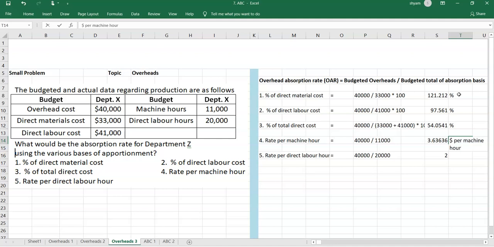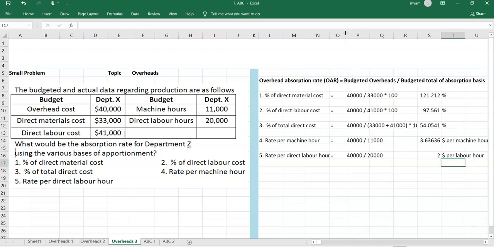And if you are going to use rate again, here the rate is going to be dollar per labor hour. So that's about the concept here.